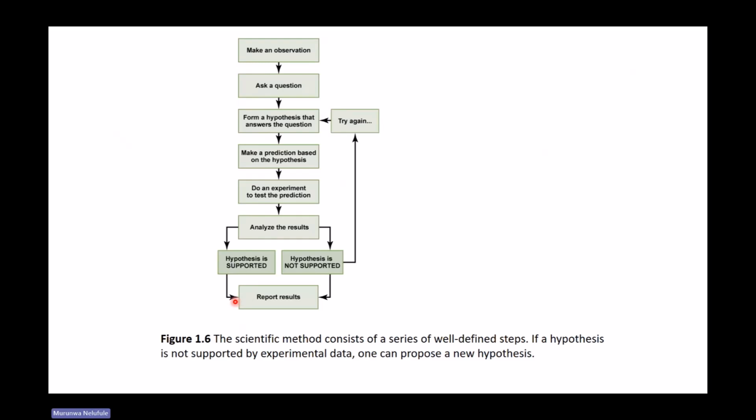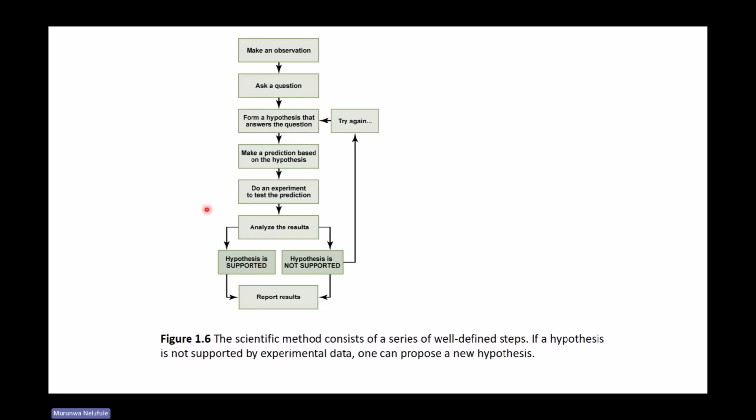This is the diagram. The scientific method consists of a series of well-defined steps. If a hypothesis is not supported by an experiment, one can propose a new hypothesis, make an observation, ask a question, form a hypothesis that answers the question, and make a prediction based on the hypothesis, do an experiment to test the prediction, analyze the results.